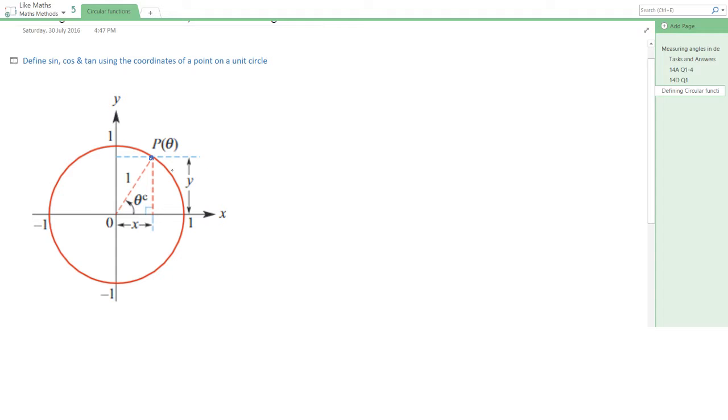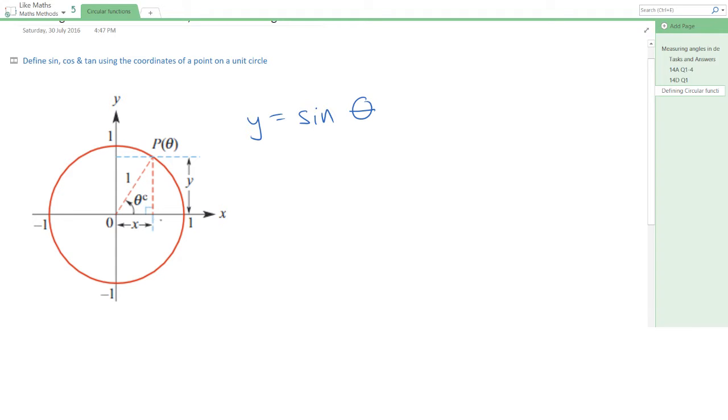It's a bit of a sleight of hand, but what mathematicians say is if I want to find the length here of y in terms of the angle theta, I'm just going to say that y is the sine of theta.